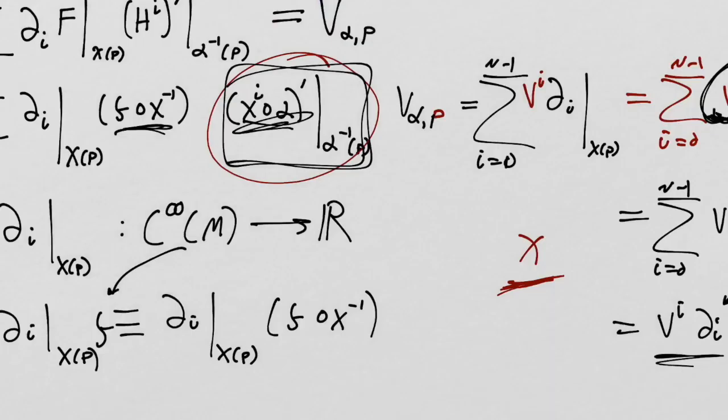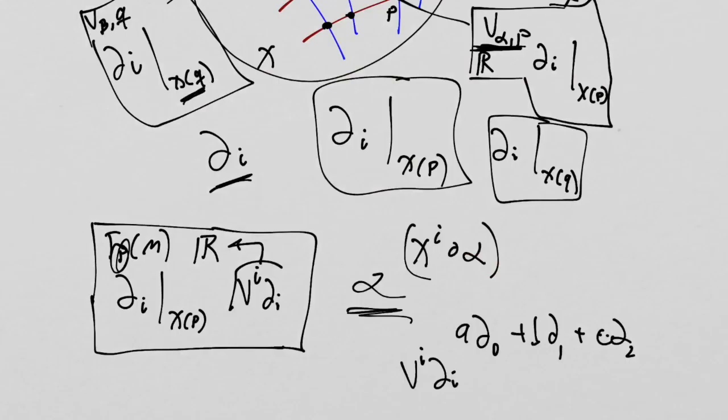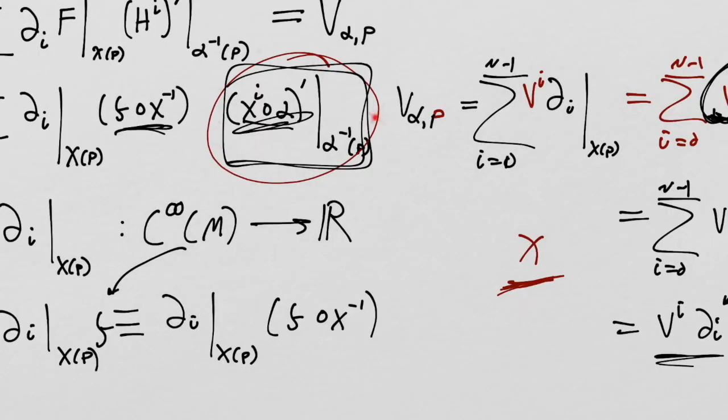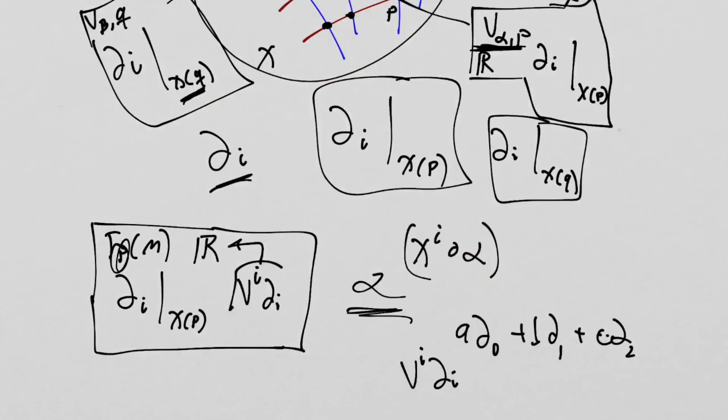Well, I can always find a curve alpha that will yield to me these numbers when I evaluate this expression, right? So the curves don't matter. I just pick real numbers, and there's a curve out there that's going to do it. So we don't have to think about curves anymore.